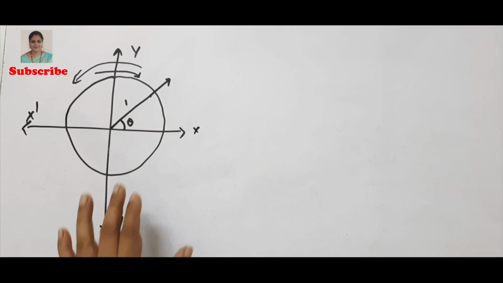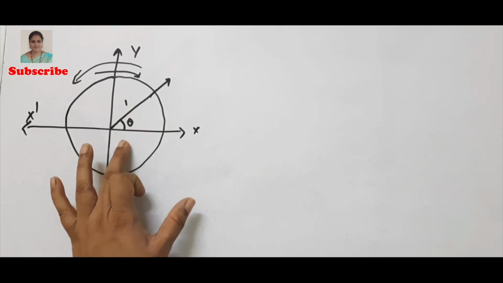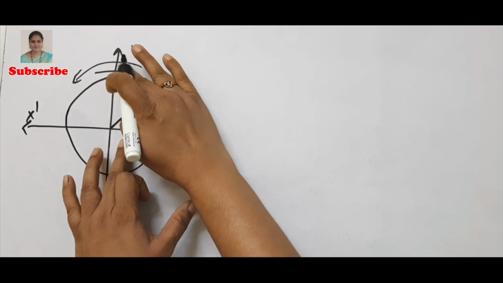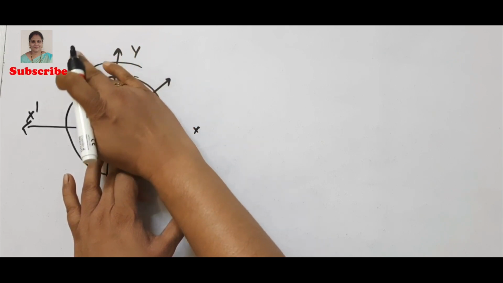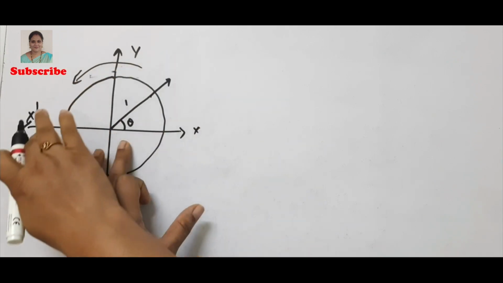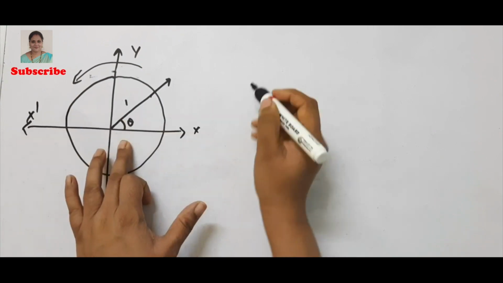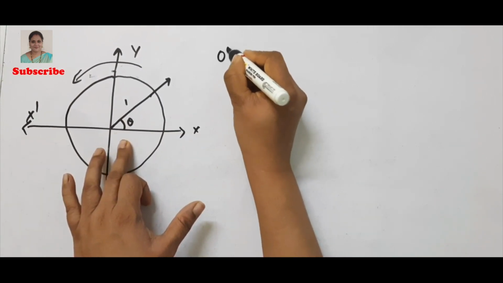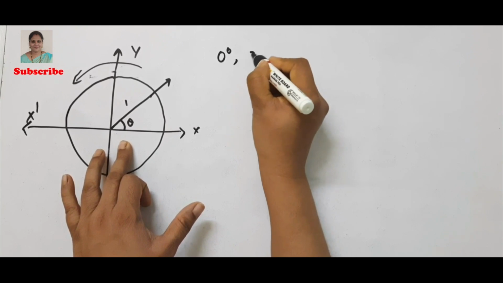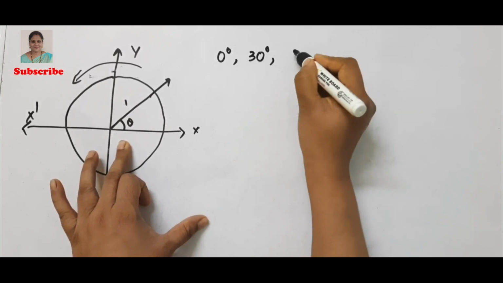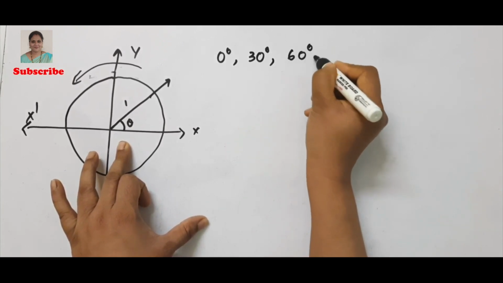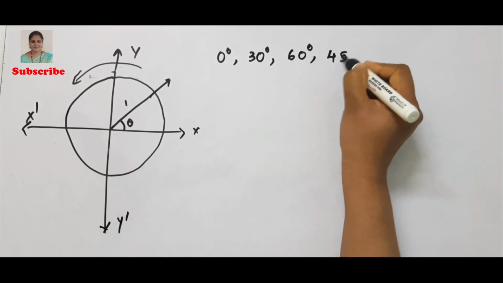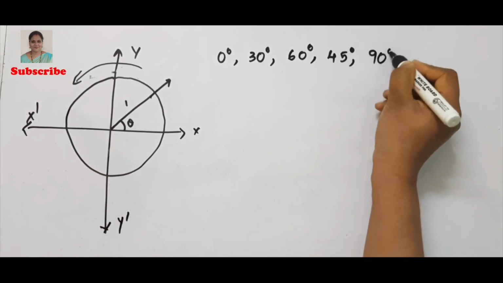Okay. Now we are going to calculate the trigonometric values of theta, assuming that this ray is rotating in the anti-clockwise direction, at 0 degrees, 30 degrees, 60 degrees, 45 degrees, 90 degrees and so on.